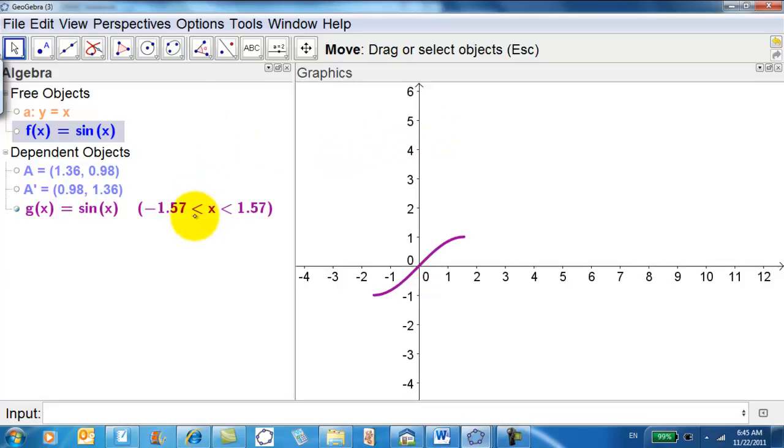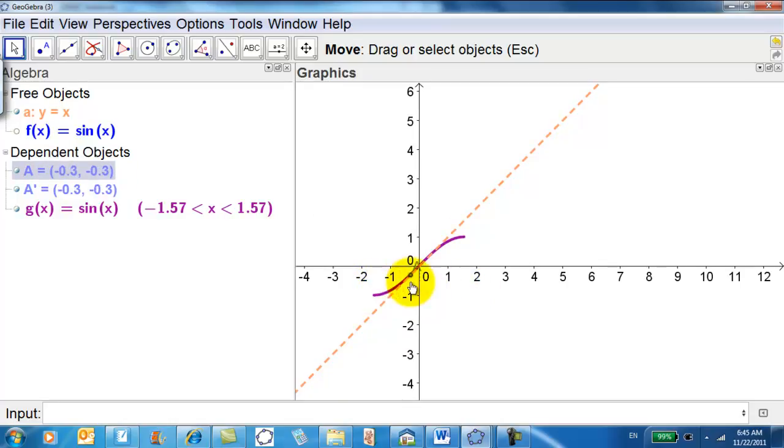And technically this should be less than or equal to because we can actually get to that point. Now, if we turn these points on, we can see what the inverse is going to look like. So it's a mirror image over this line.